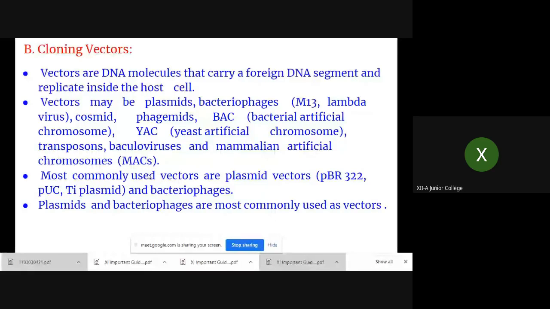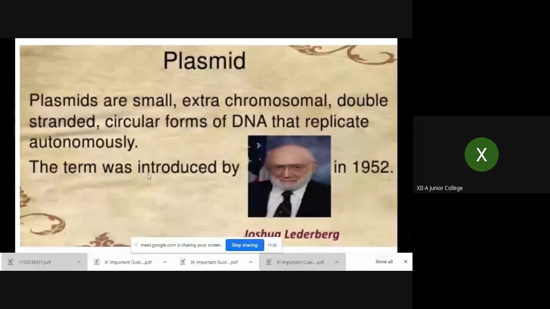Most commonly used vectors are plasmids and bacteriophages. We'll come to those two points along with their structure immediately after this. Now we'll see in detail the structure of plasmids and then bacteriophages.